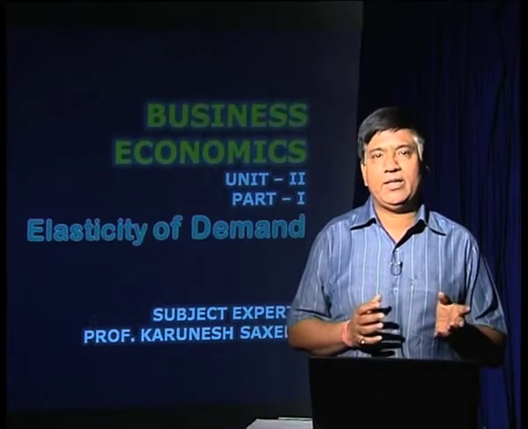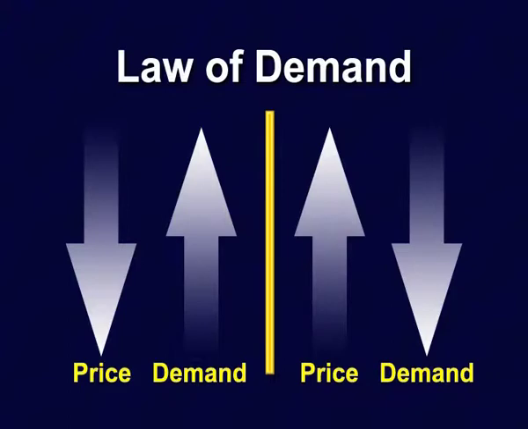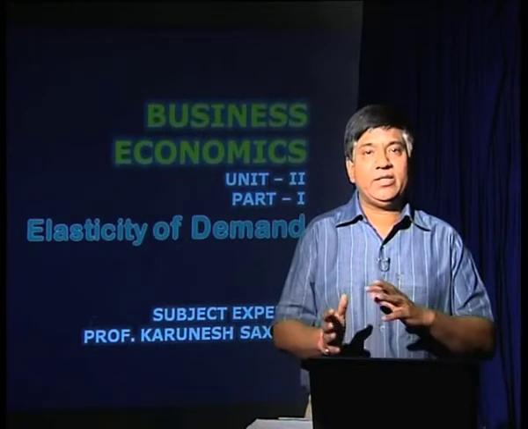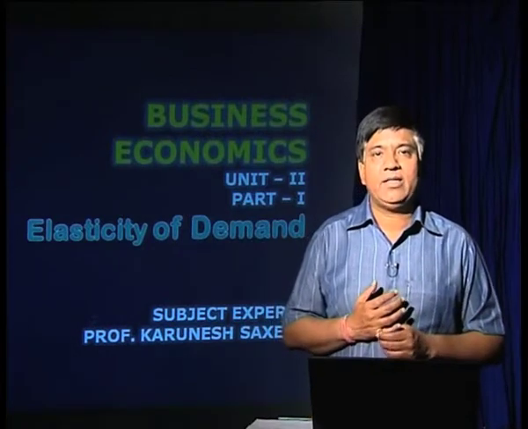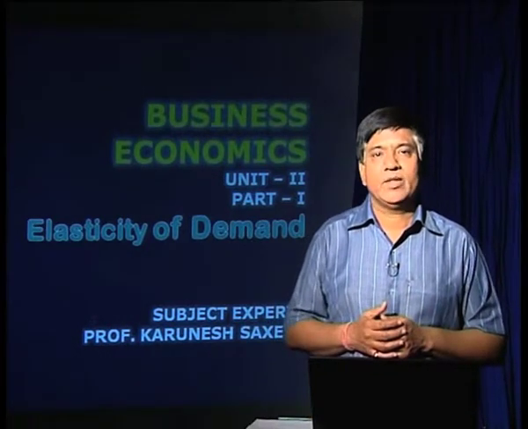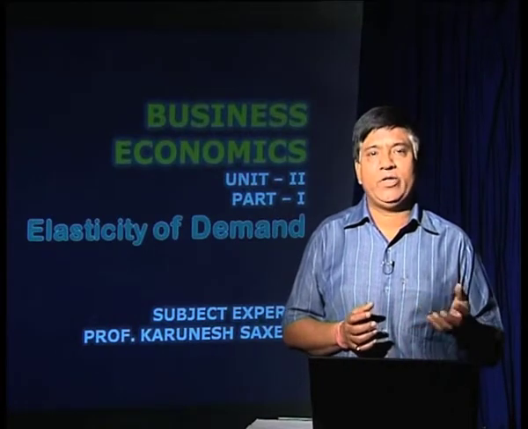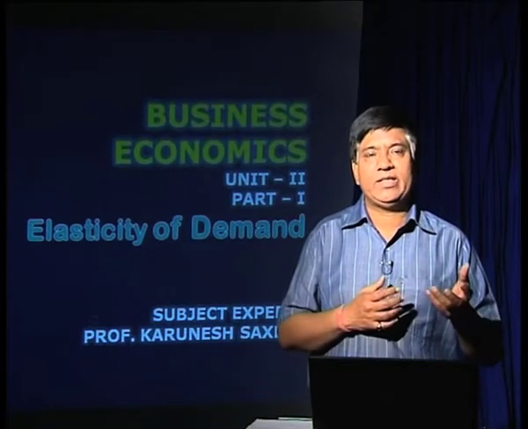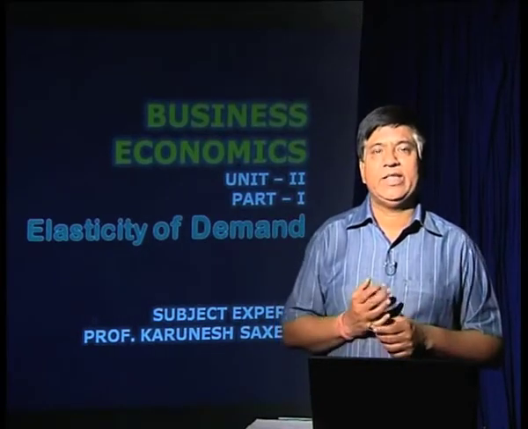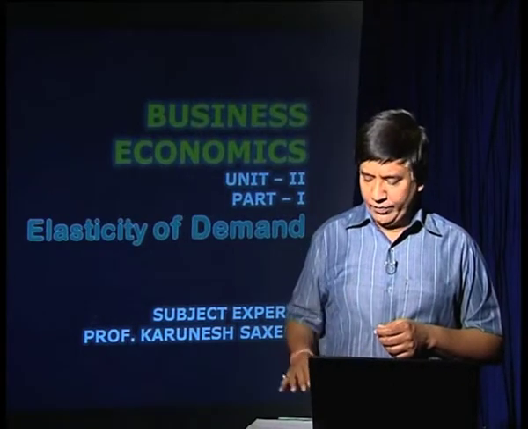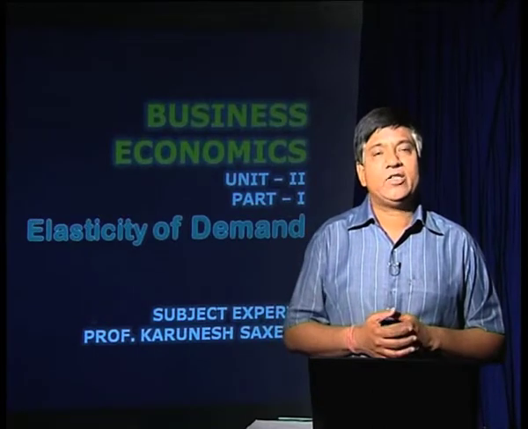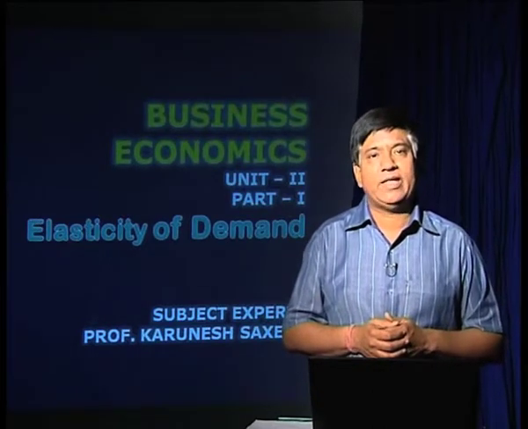This law of demand tells us about the direction, that means in which direction the relationship between demand and price is moving, but it does not tell us the magnitude. It does not tell us by how much one change is affecting the change in the other. Therefore, it will be pertinent for us to discuss this particular topic of your syllabus, that is elasticity of demand.